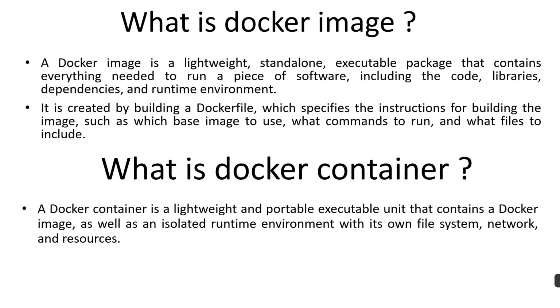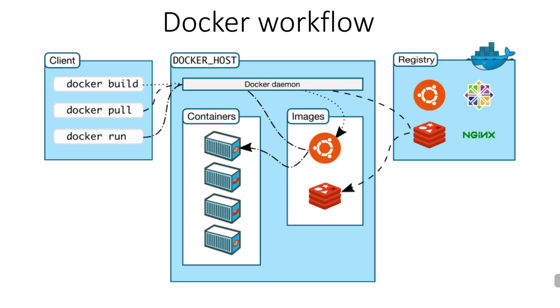Okay, so let's go to the Docker flow. You can see here, this is the client. Client means the user, means you and me. And this is the Docker host. Docker host means where Docker is running.